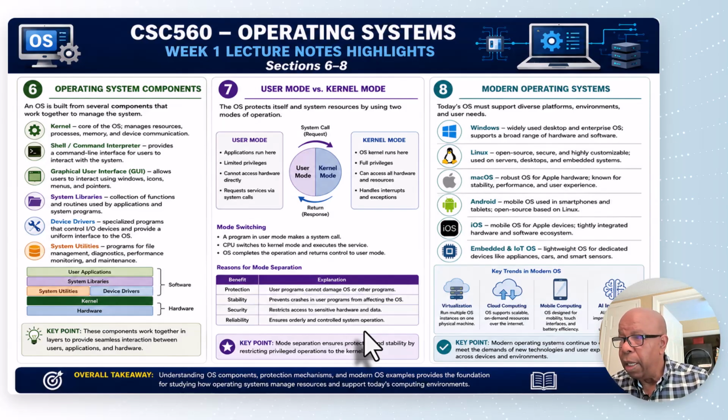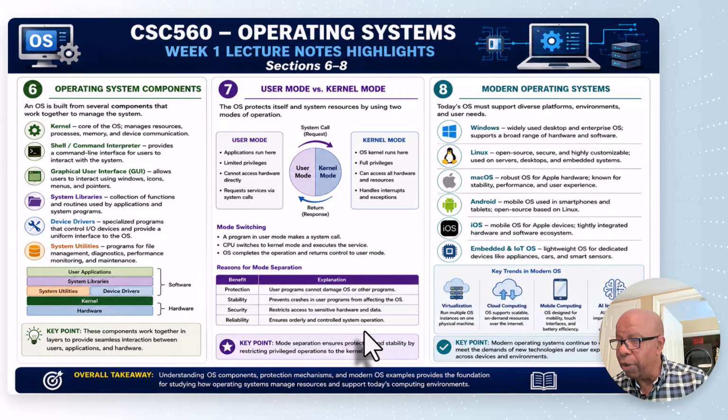Modern operating systems, these are ones that we probably most of us know about. Windows, a widely used desktop OS, Linux, Mac OS, Android, iOS, and embedded IoT OS, lightweight operating systems dedicated for devices like appliances, your car, your refrigerator, your stove.